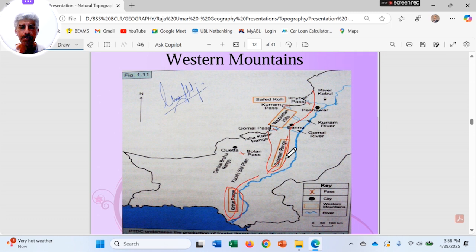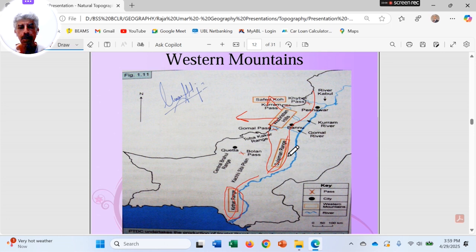bordering between Balochistan and Punjab provinces. And Waziristan Hills, they are in the adjoining areas with Afghanistan, and in the same way Safed Ko is also on the western side of Pakistan and bordering with Afghanistan. So these mountain ranges, especially Safed Ko and Waziristan Hills, are working as the borderline between Pakistan and Afghanistan.